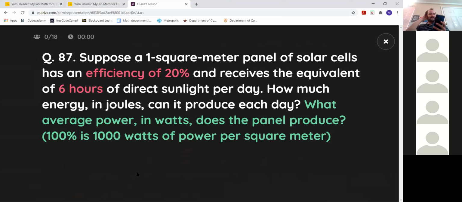So this one, I'm hoping it takes you a few seconds, but I want to take 20% of this, and then I want to quarter it. So if I take 20%, I'm multiplying by 0.2.